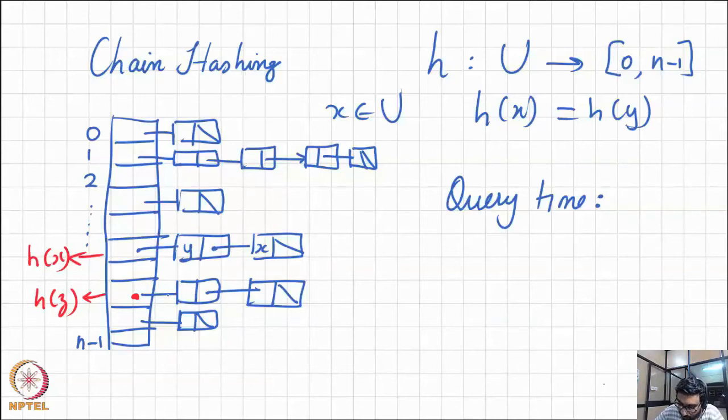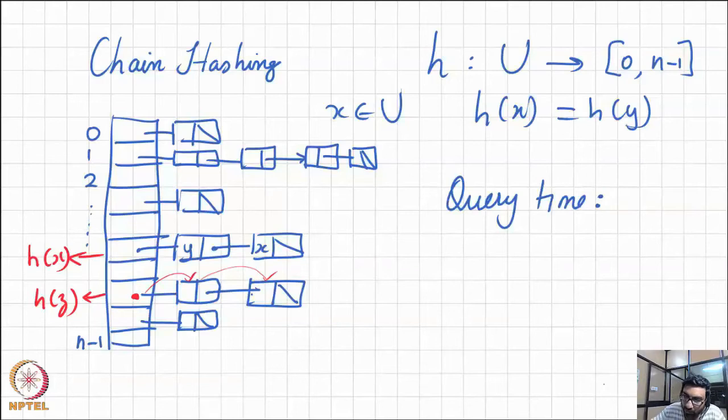So we would go here, and is that a Z? If that's not a Z, then we'll go one step further, and we either find Z there or we don't find it, in which case we just say Z is not in the dictionary. And if it is there in the dictionary, we're in a position to retrieve it. So that's how the queries work.